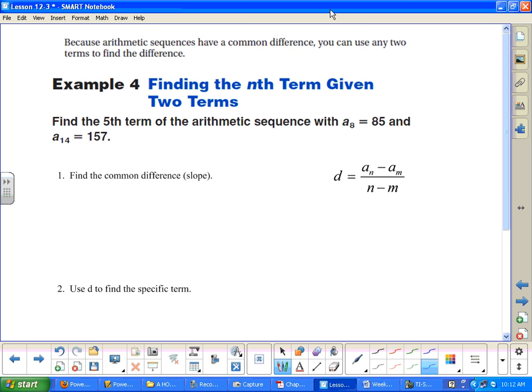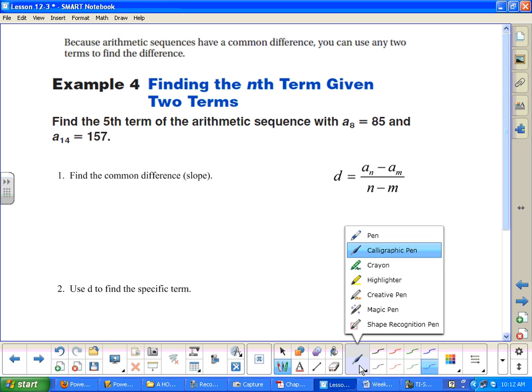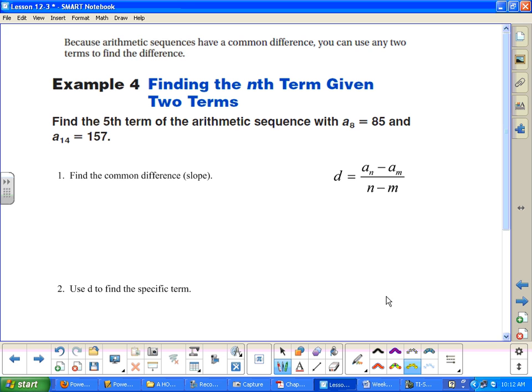Now, I can use a variation of that formula to find the common difference for any two terms. So if we don't know term 1, but we know another term, we can use that same common difference formula with different numbers.